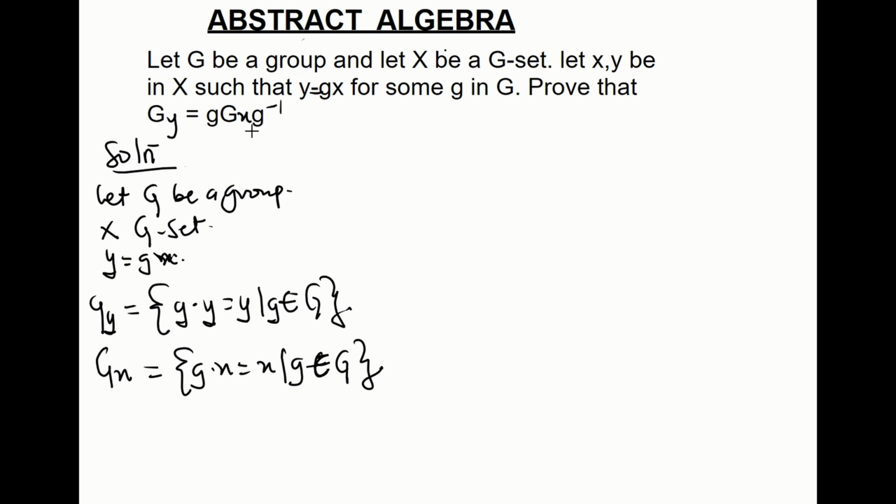Secondly, that g G_x g inverse is also a subgroup of G_y. When you are able to arrive at the final answer, then we know that your solution is accurate.